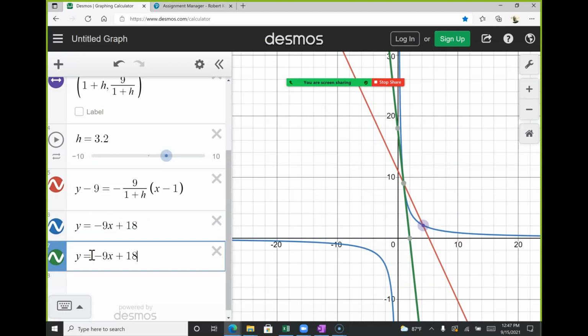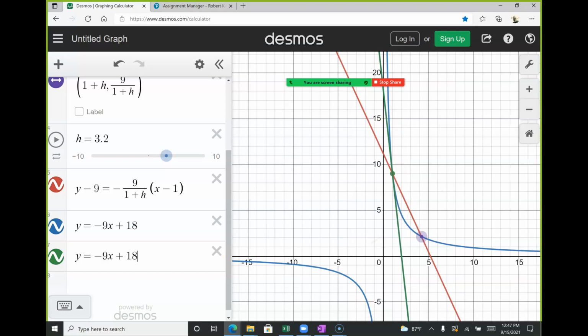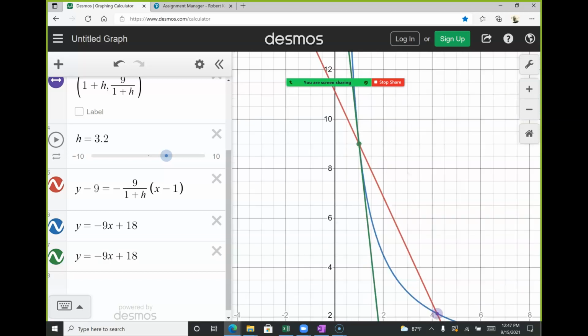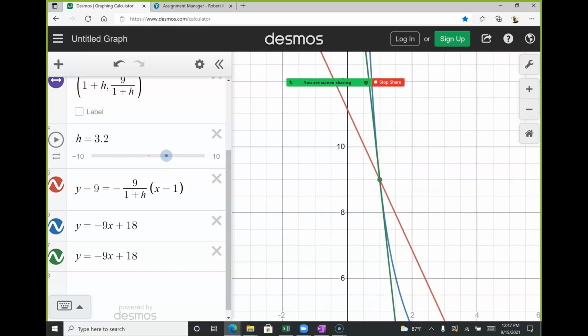So the tangent line's in green, and it's hard to see it, but you can really see that the tangent line's just hitting at one single point on the blue curve, right? The curve 9 over x. And as I change my value of h, my red line, which is my secant line, is going to become the tangent line. As h goes to 0, the secant slope becomes the tangent slope.